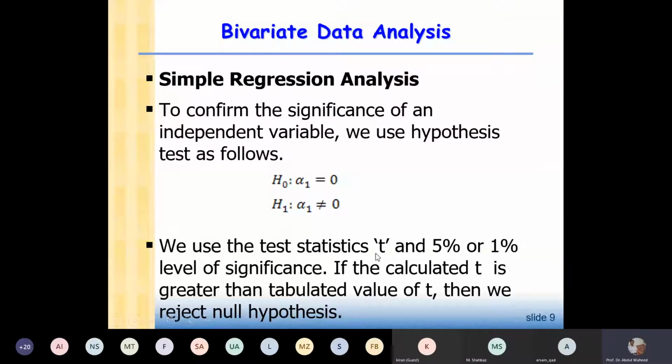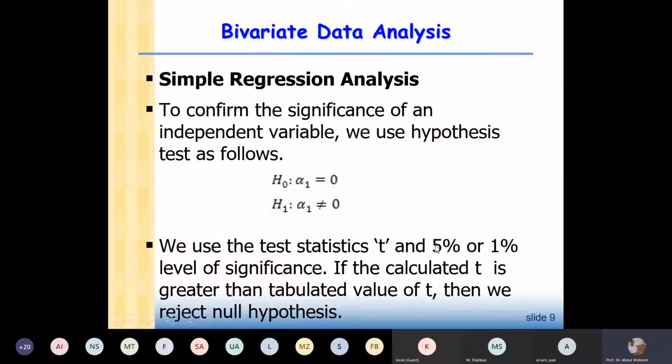So for this we use the t-test, okay, and for the level of significance we use 5%, 1%. If the probability of the t statistic is 0.05 or less, then we will reject the null hypothesis.